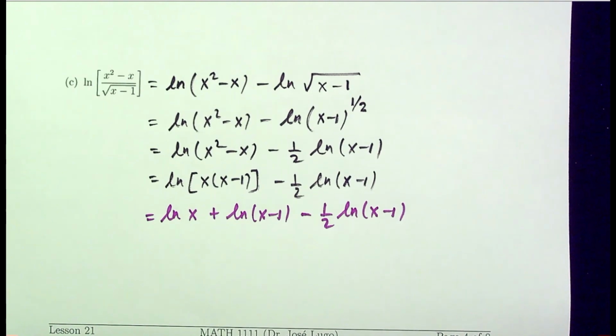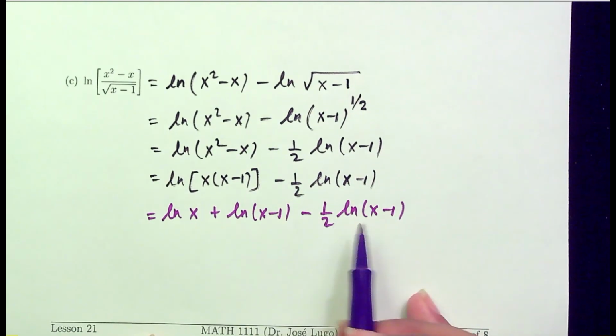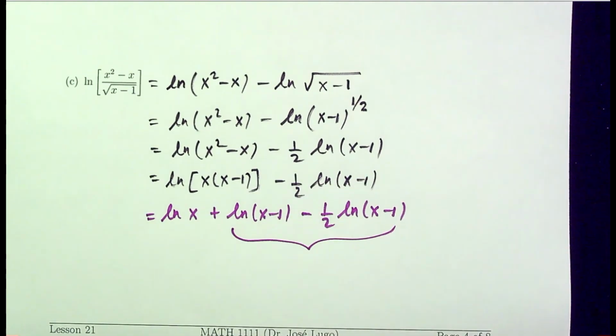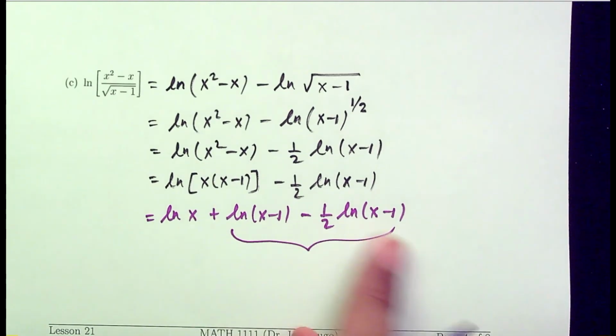There's one little thing that perhaps you noticed or not that you can still do, and that is these two terms are like terms. It's exactly the same logarithm. You have the logarithm of this minus 1 half of the same logarithm. So they're like terms.